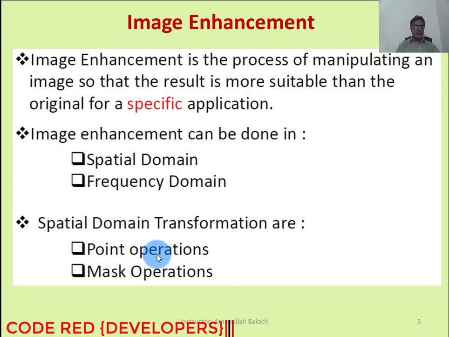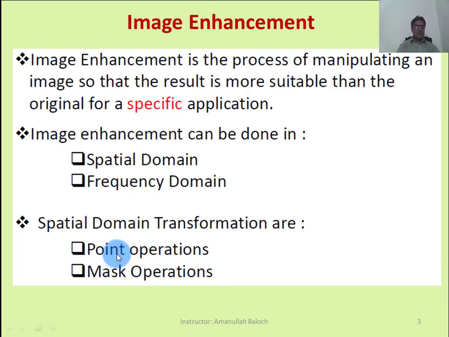Again, these two techniques apply on the individual pixel, but the point operation performs the enhancement on each and every pixel individually, while the mask operation applies the enhancement on a pixel of the original image with reference to its neighbors.